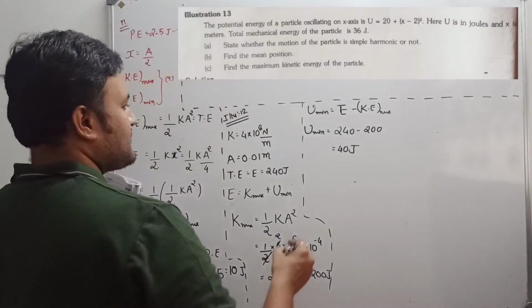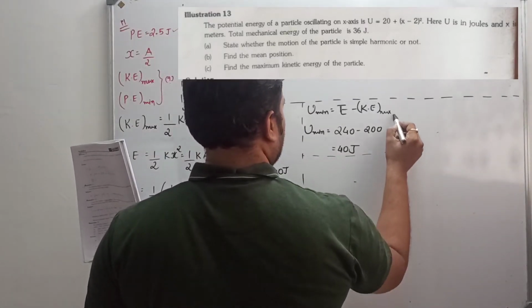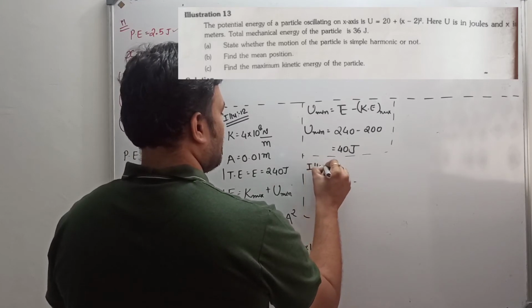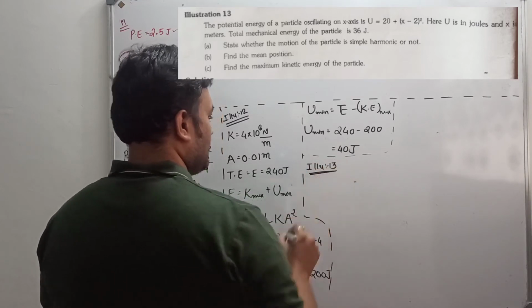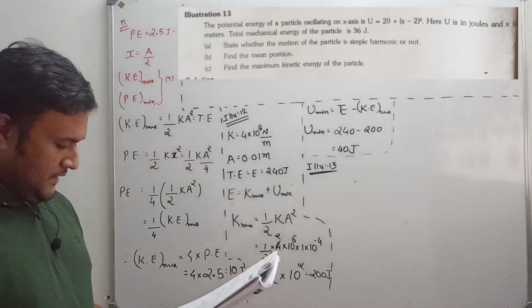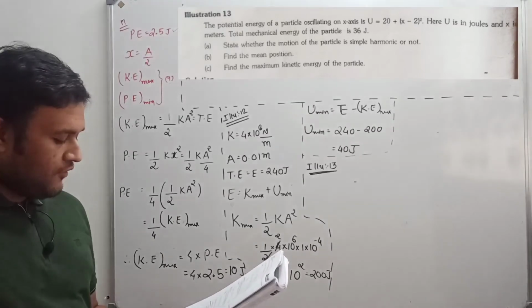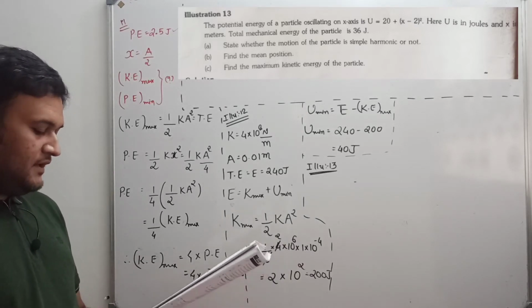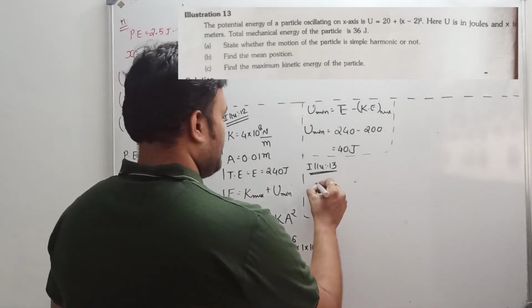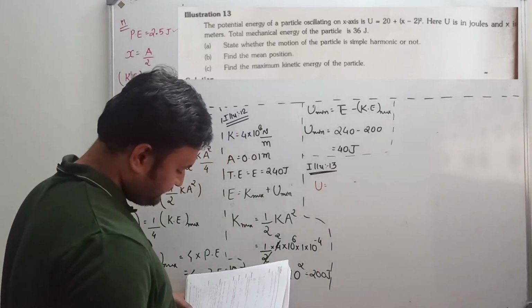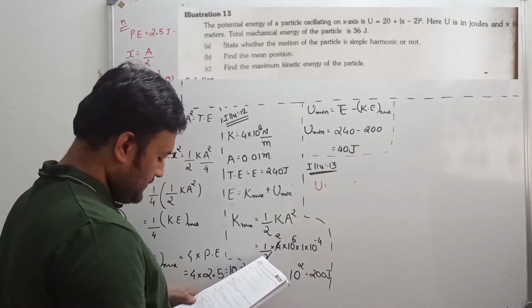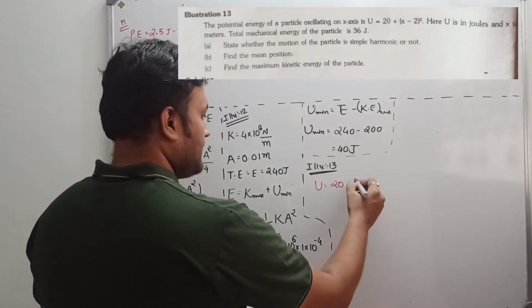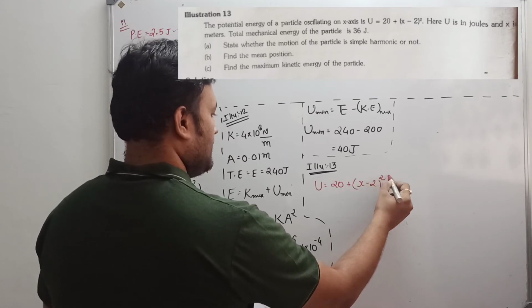Okay, now illustration 13. The potential energy of a particle oscillating on the x-axis is U is equal to 20 plus (x minus 2) whole square.